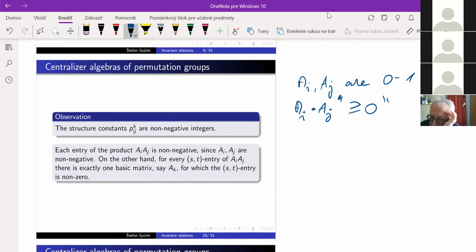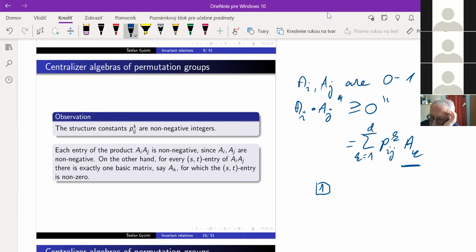On the other hand, if I write this as a linear combination of 0-1 matrices, then precisely one of the matrices has a concrete entry equal to one, all others having zeros at the same place, because they correspond to two-orbits, and each pair appears in precisely one of the two-orbits.